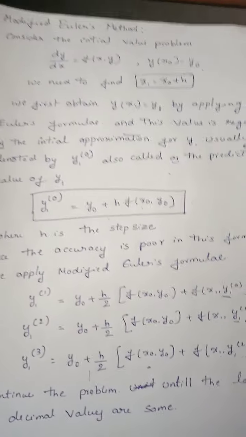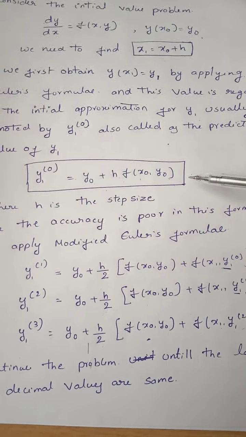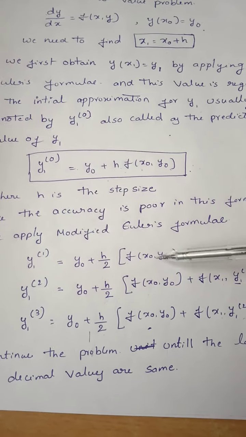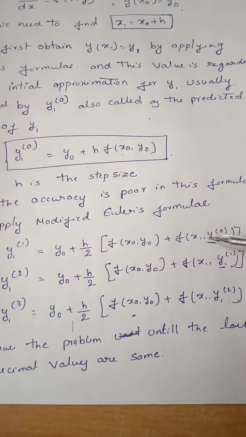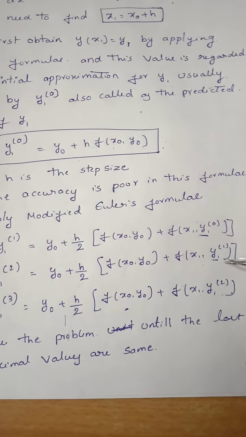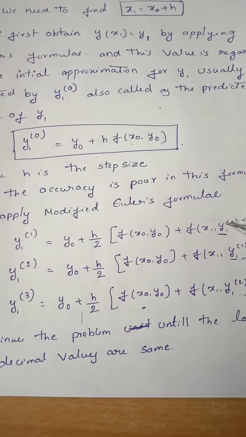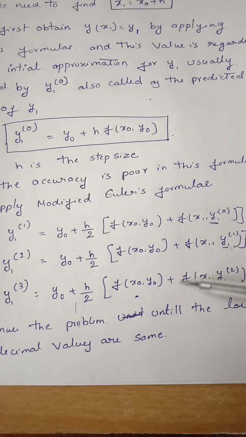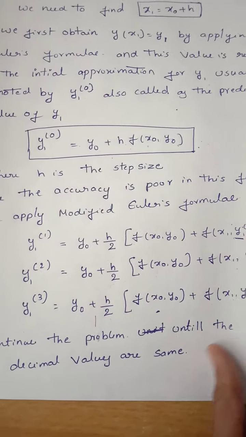So this is the modified Euler's method. You have to remember what y1 of 0, y1 of 1, y1 of 2, y1 of 3 are. If you remember y1 of 1, then y1 of 2 is the same formula; just here the value we take is the previous value that we found. We continue until we get the same value, at least to 3 to 4 decimal places.